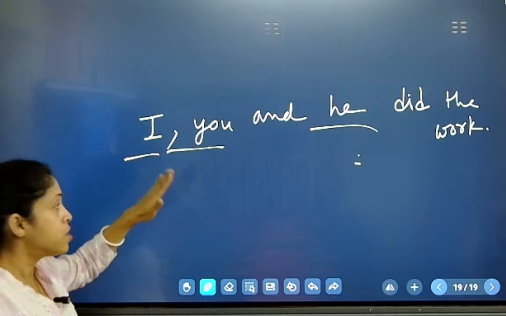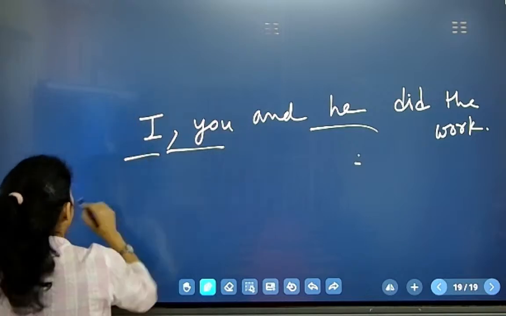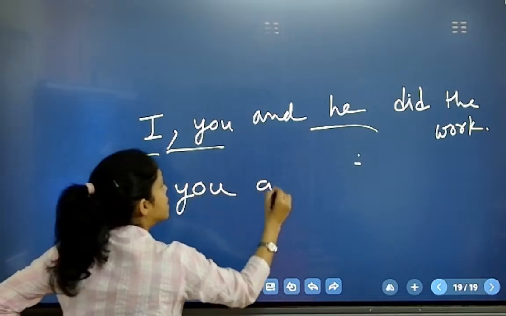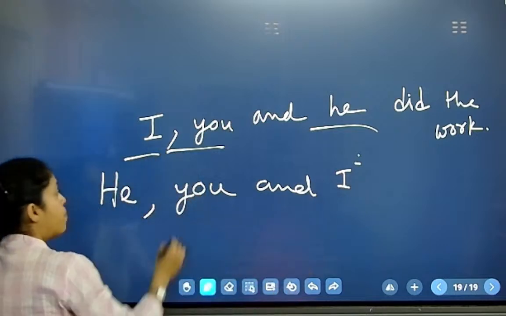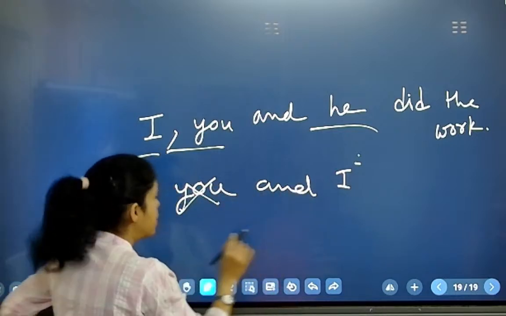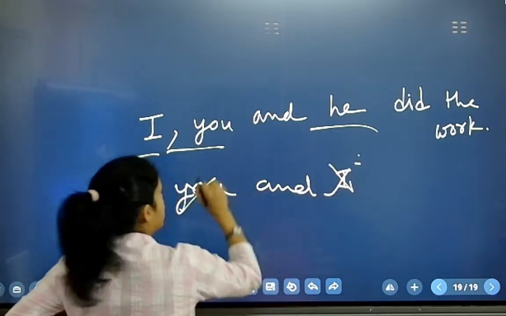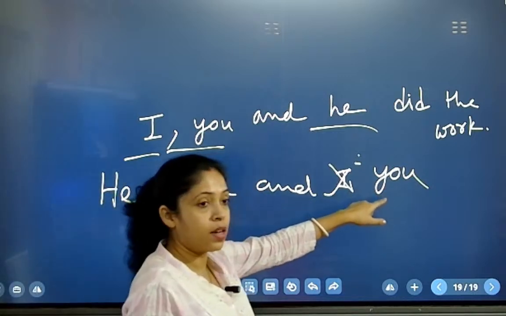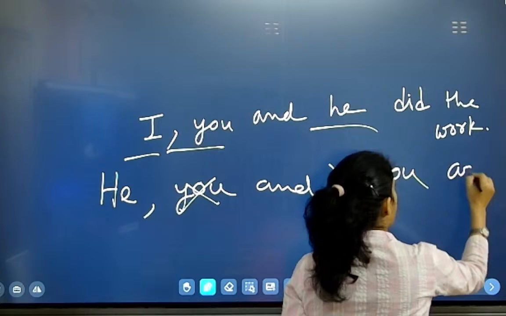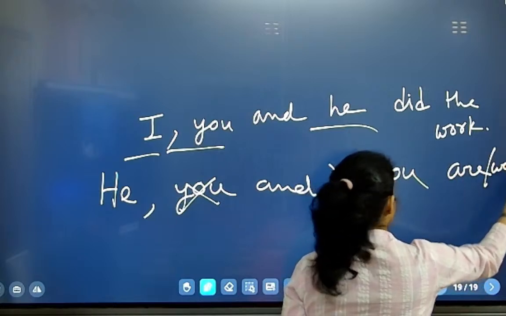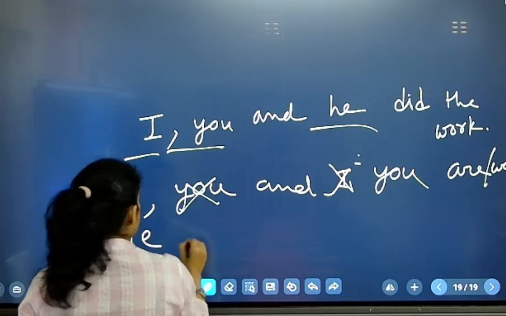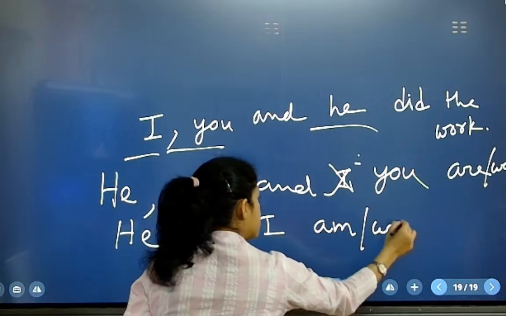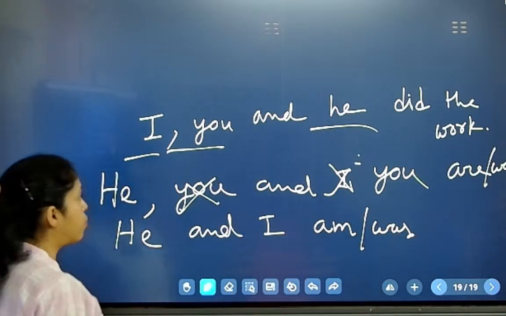According to the order, the third person will come first: he, you, and I. That is the order. Suppose you is not there: he and I. Suppose I is not there: he and you. And according to that, the verb will be "are" or "were." If it is he and I, then it will be "am" or "was," like that. So always remember this thing.